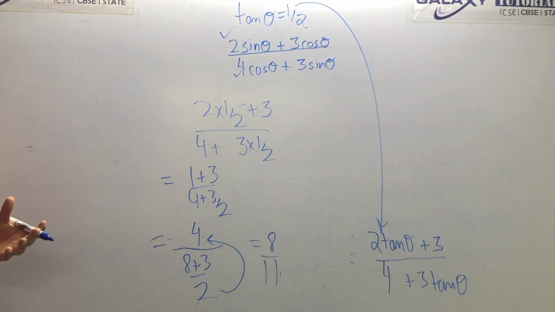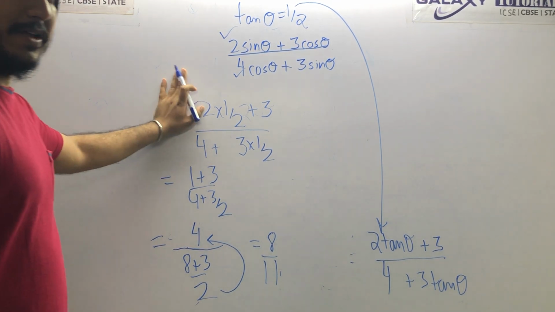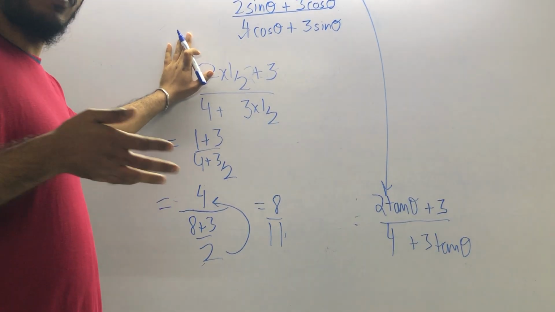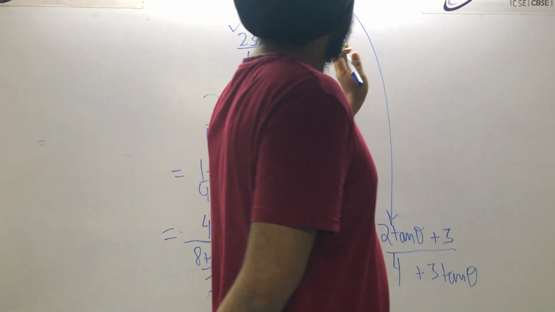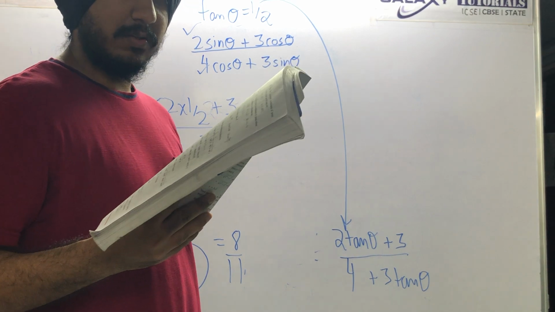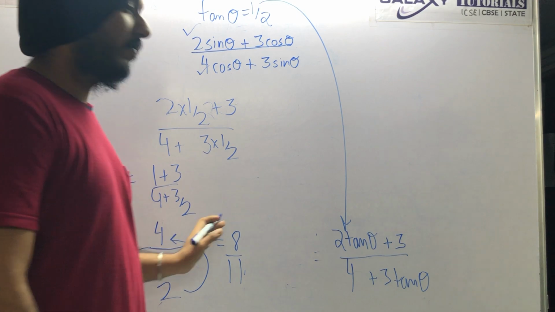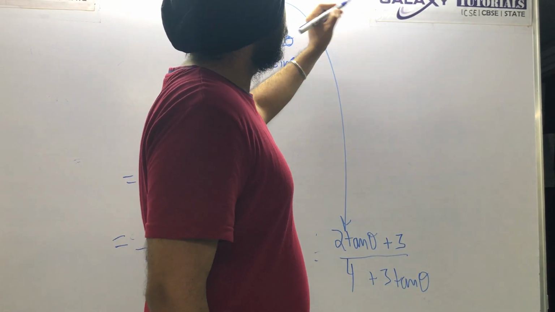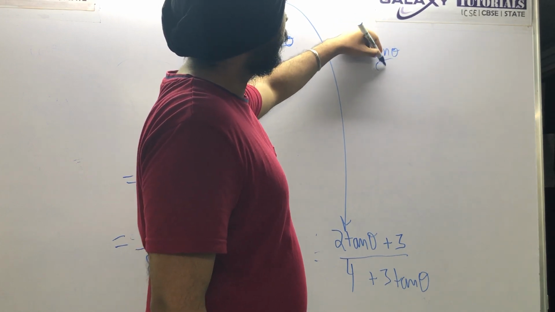Now some of you may not be able to imagine this in your exam time, the thing that I have done. Next thing, I will not solve that, but I will just show you how to do it. The problem with this question is they have not given the quadrant. So I think this is the only way. The other way you can use is tan theta is 1 by 2. So sin theta upon cos theta is equal to 1 by 2.